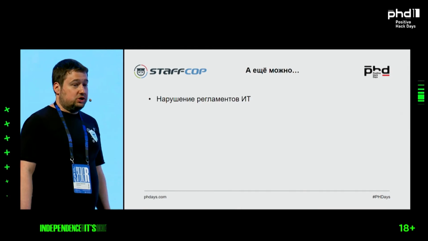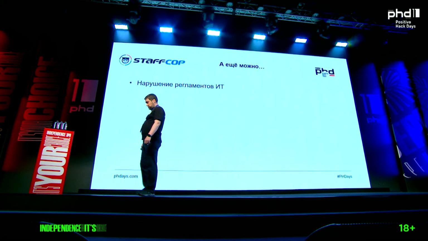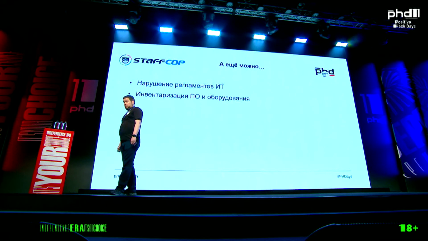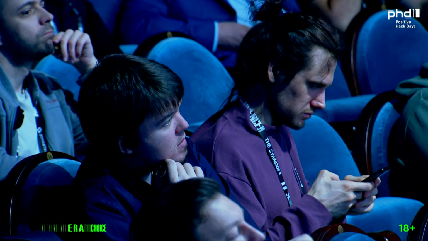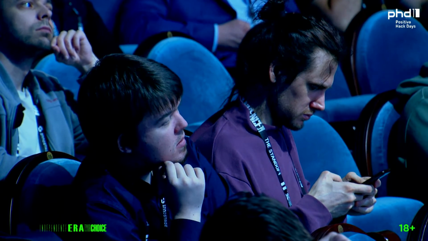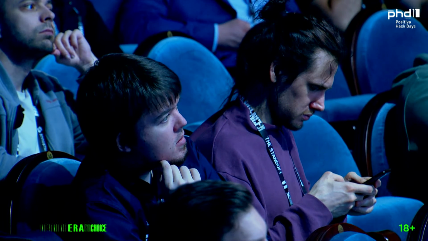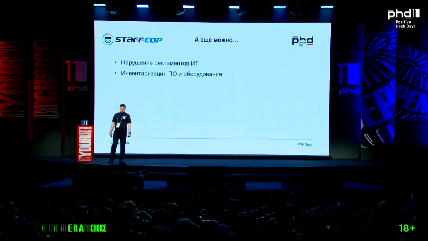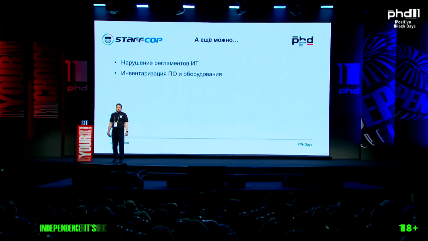For example, we can trace violation of IT rules, which improve the health of your company. For example, inventory of hardware and software. Someone can take out a USB-connected device and insert another one in one company without internet.